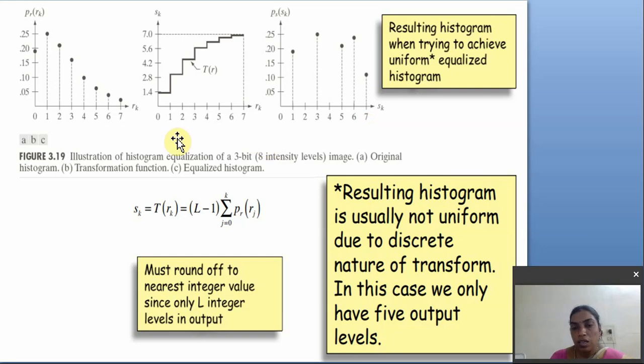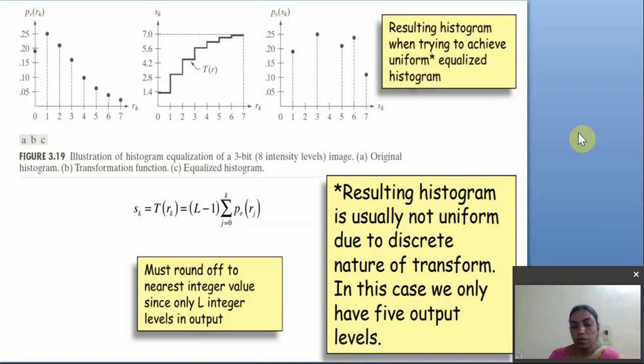But the histogram equalization method has a fixed formula. Using this formula, you find the equalized histogram. This is the difference between histogram matching or specification and histogram equalization.